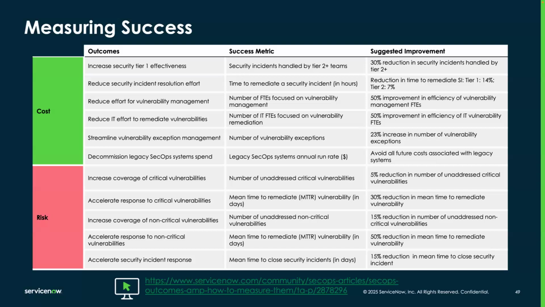Many customers will initially select one or two outcomes that relate to their key challenges and prioritize those initially, and then select appropriate metrics that will measure their progress. And as Andy mentioned, there's a number of really useful resources out there on Now Create that include outcomes and metrics as well that you can reference. And there's an article here that's shared in that post where you can get another perspective on this.